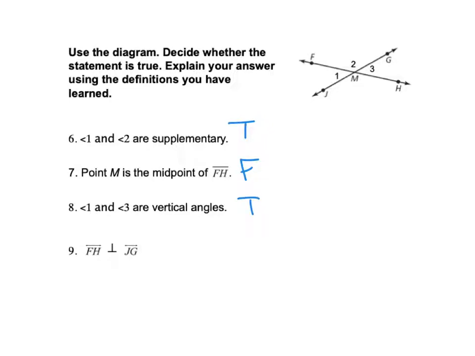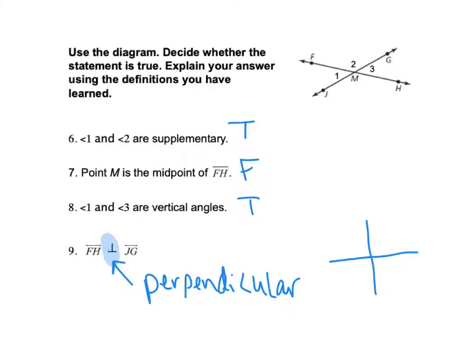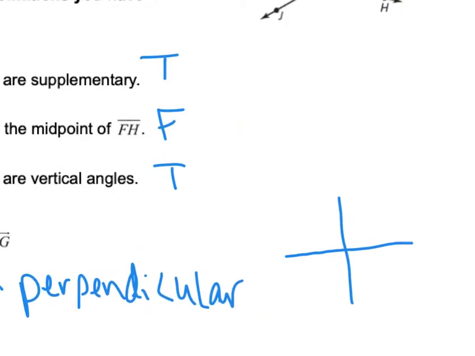And then the last one: FH, and this sign right here says perpendicular. If you ever see that sign, that means perpendicular. For something to be perpendicular, the lines have to intersect at a right angle. To know that things intersect at a right angle, the diagram will always have one of two things: it'll either say that this is 90 degrees, or it'll have a little red square in the corner.